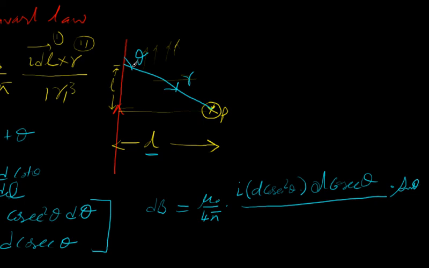Here you will get D squared cosec square theta.